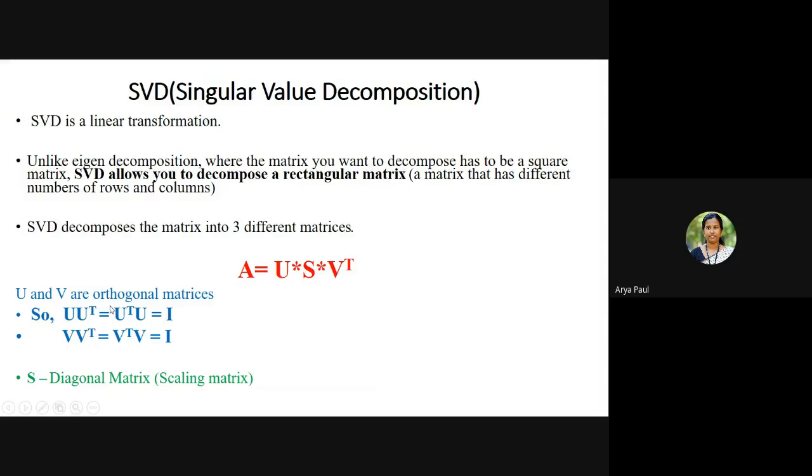This property holds only for orthogonal matrices.